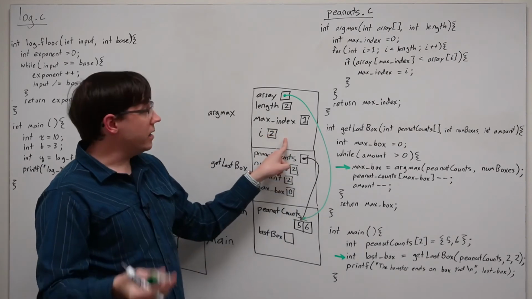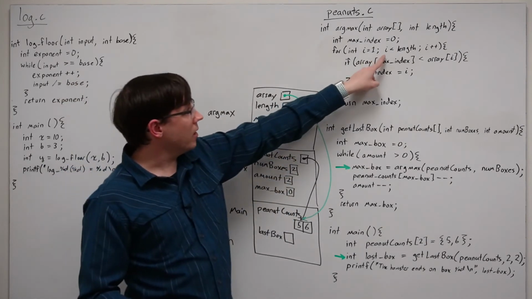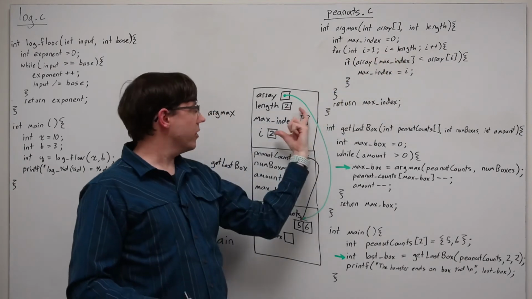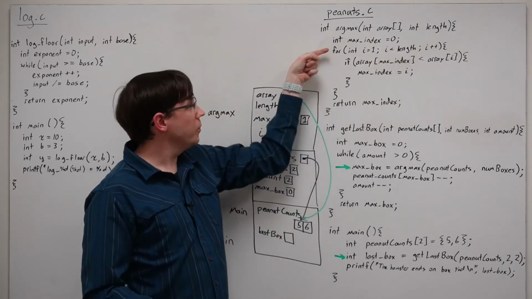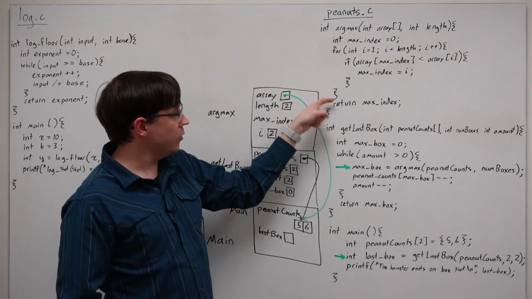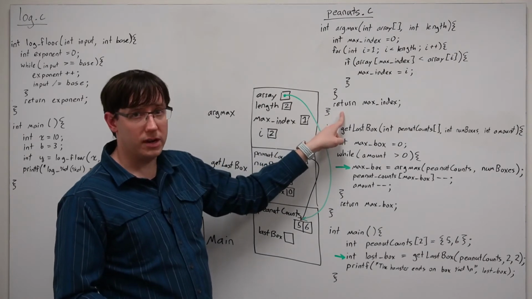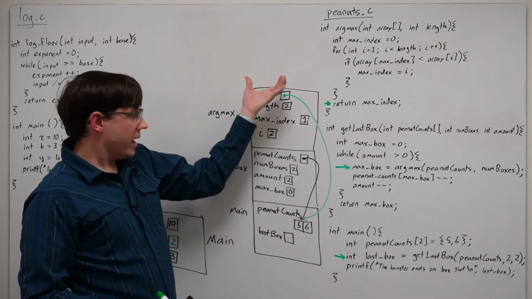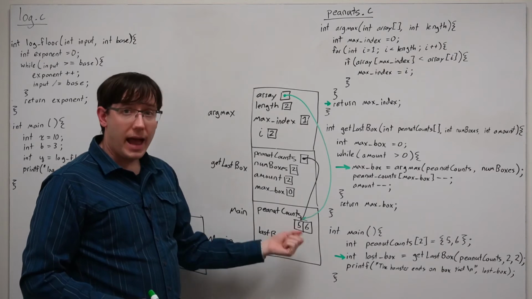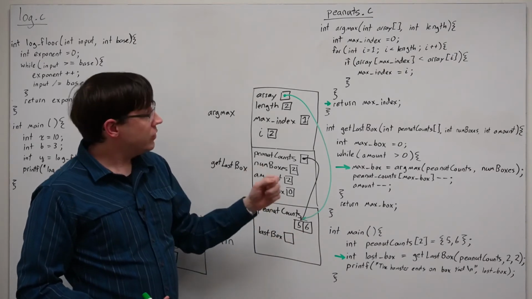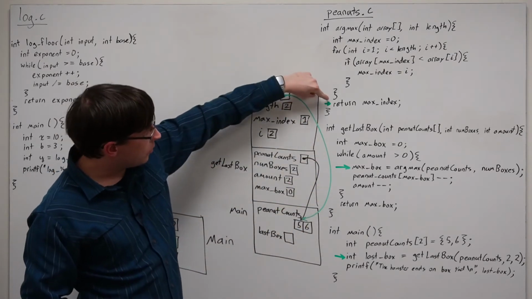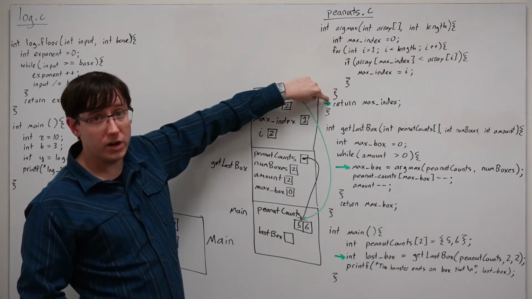And now that I is 2, when we compare is I less than length, that is no longer true, so we'll skip over the body of the loop and arrive at the return statement. So now we have a stack diagram as of the first time that the execution in the program reached this return statement.